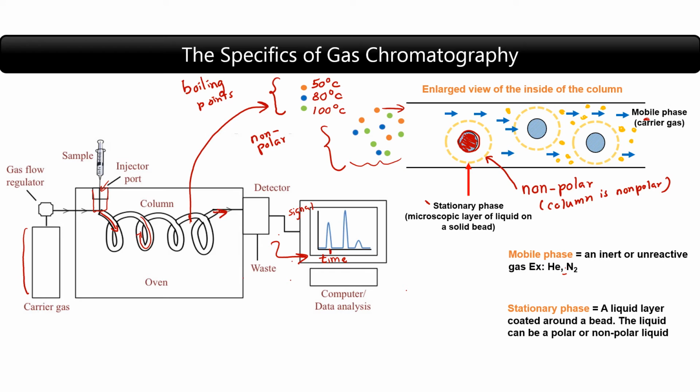Then the blue molecule has a lower boiling point than the green molecule, but it's higher than the orange molecule. So some of it is going to exist in the vapor phase, while some of it gets dissolved in the liquid phase as it moves along. So it gets kind of slowed down as it moves through the column and it gets separated from the orange molecules.